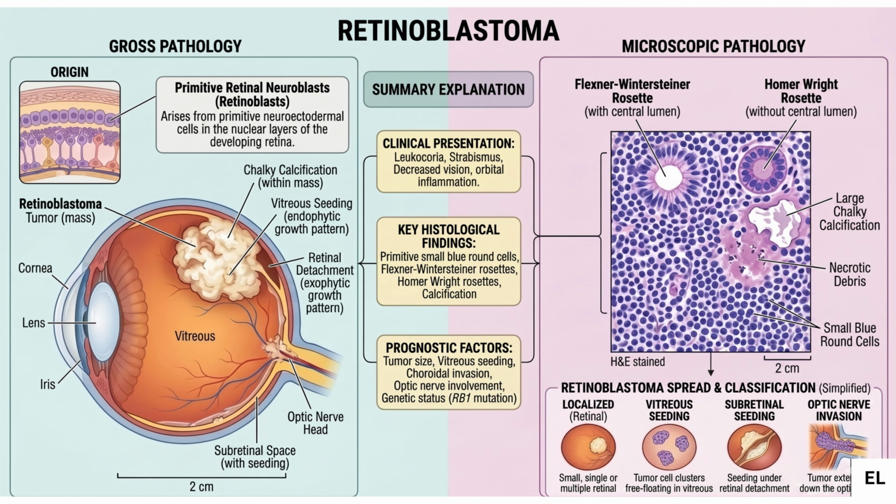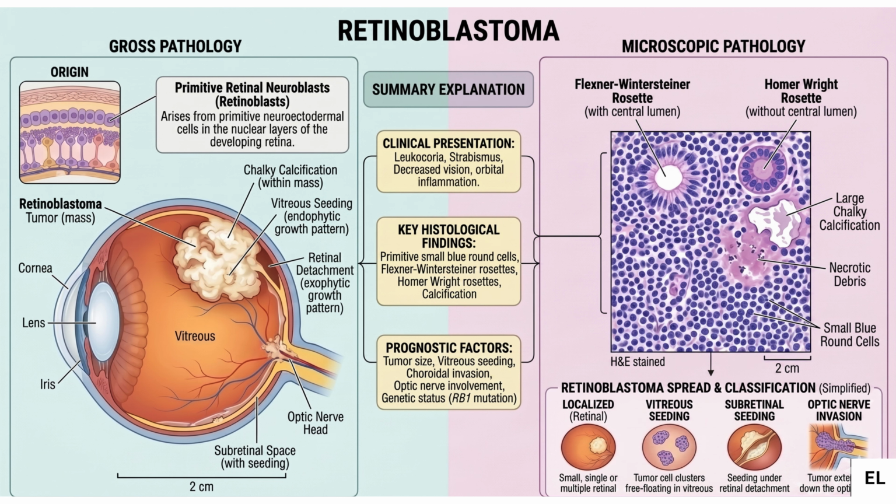Moving to the microscopic pathology, retinoblastoma belongs to the family of small round blue cell tumors of childhood. Under the microscope, the tumor is composed of densely packed primitive malignant cells with hyperchromatic nuclei and very little cytoplasm. These cells create the characteristic appearance of sheets of small blue round cells.